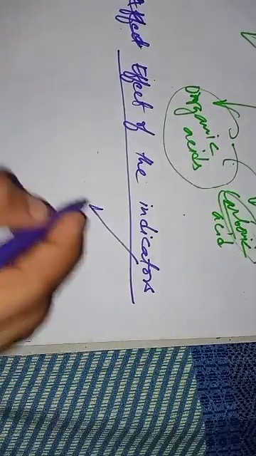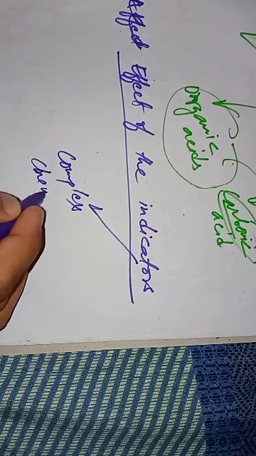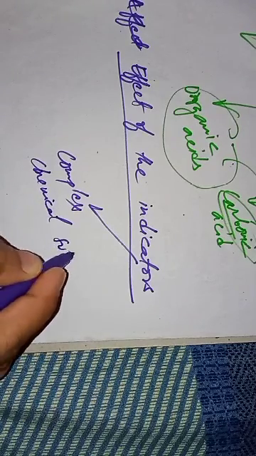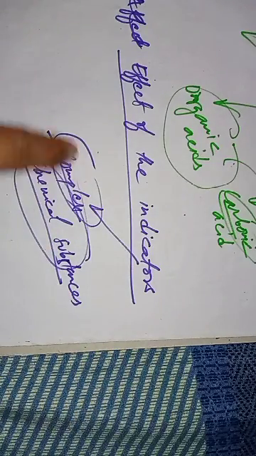You know that indicators are complex chemical substances which show a variation in the color when acids and bases come in contact with them. So they indicate acids and bases by an alteration in their color.